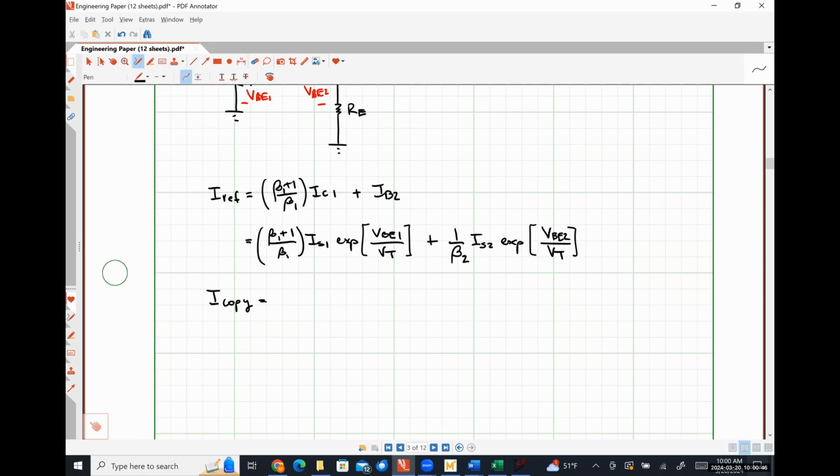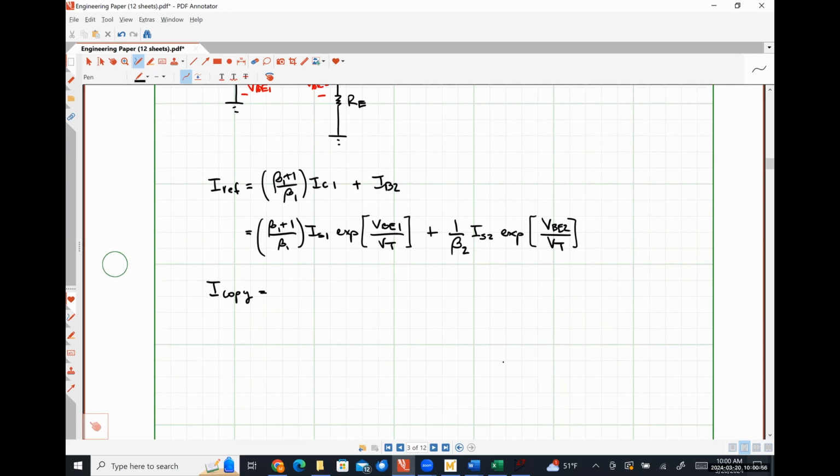Gavin, you got a question? Yeah. Yep, lumped in IB1 and IC1 to look like an emitter current. Absolutely. So our copy current is the collector current for Q2. So I can just say that that is IS2 times EXP of VBE2 over VT.